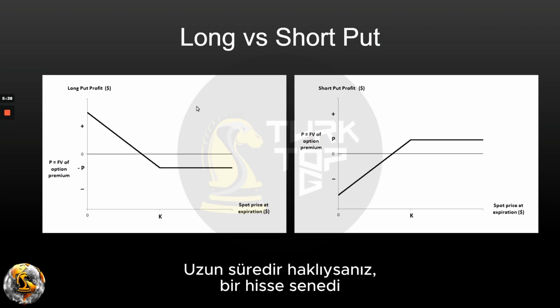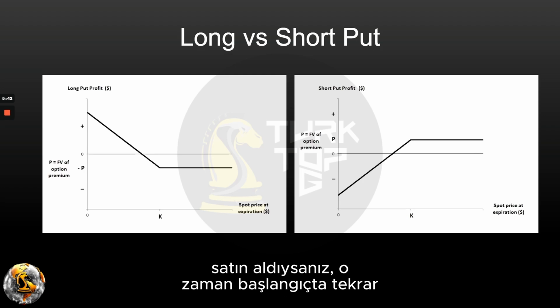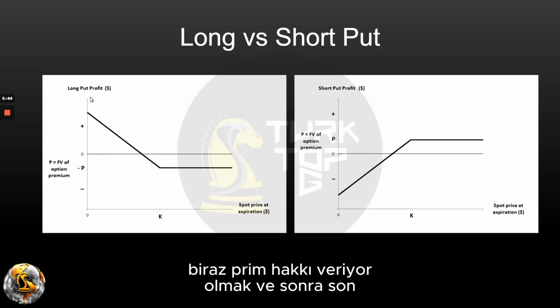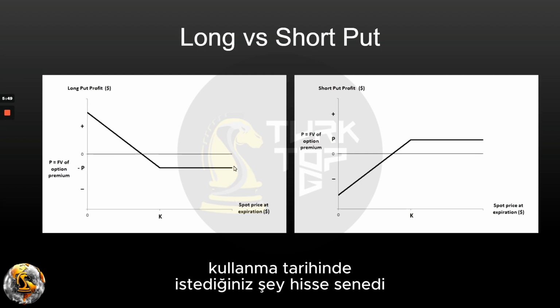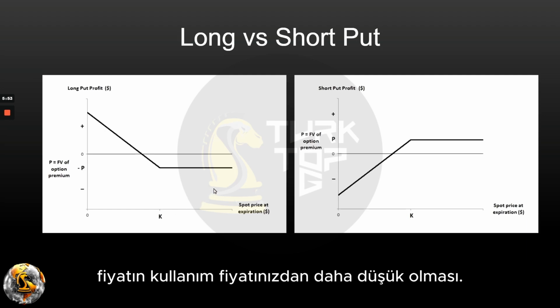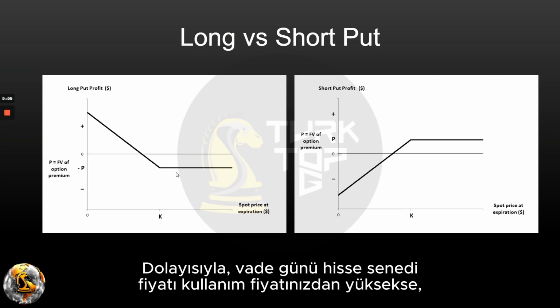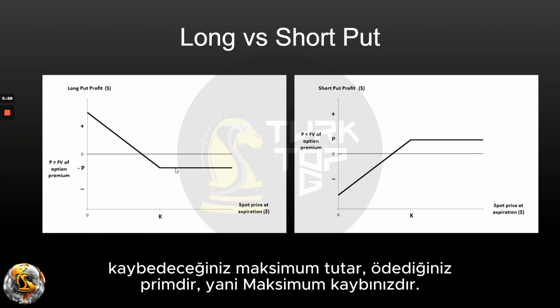If you're long a put, if you bought a put on a stock, then initially again you will be giving out some premium. And then what you want on the expiration date is the stock price to be less than your strike price. If the stock price on the expiration day is greater than your strike price, then the maximum you will lose is the premium you paid. That's your max loss.